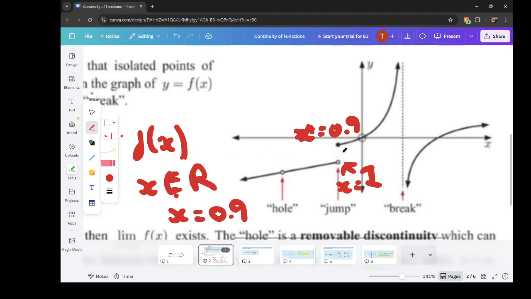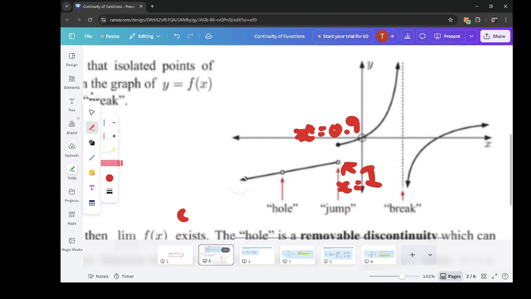This is because this hole over here is filled in. This means the value of x is given for this point, and it is part of f of x. However, this one is not. Whatever point this is, it is not part of f of x. I hope that makes sense.